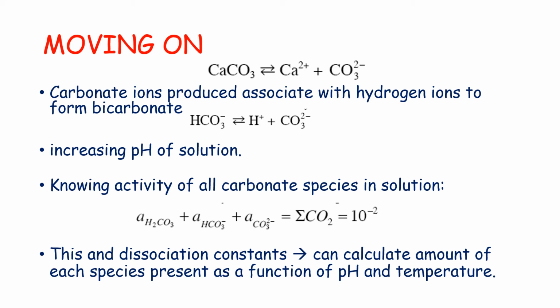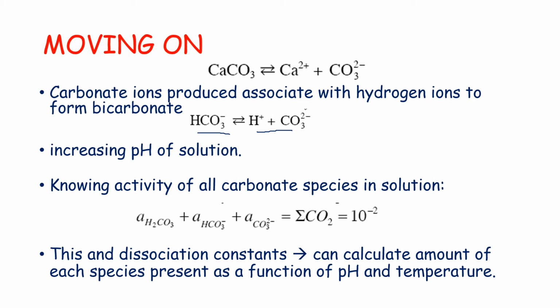In other words, CO3 2- plus hydrogen will tend to give you HCO3. Now when you increase the pH of the solution, water containing high concentrations of calcium, sometimes magnesium, carbonate are referred to as hard water, and such waters are generally somewhat alkaline.